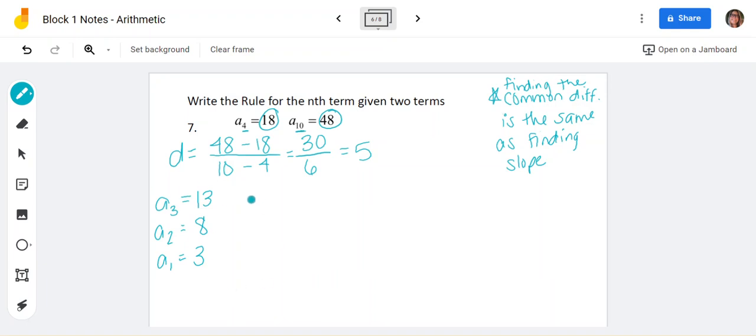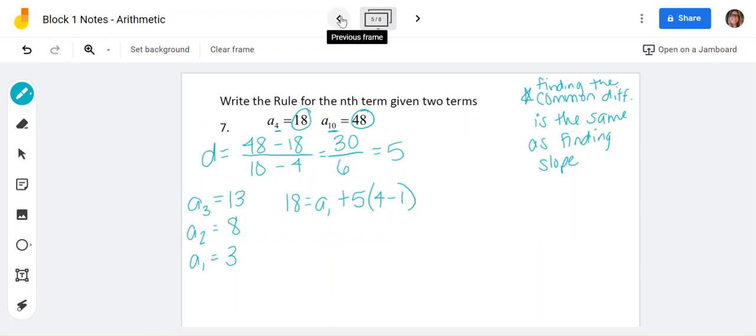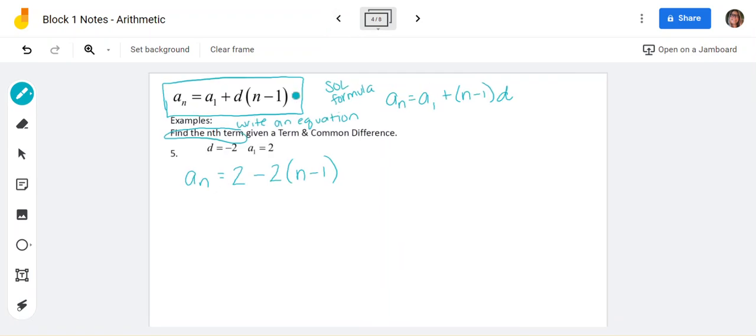Or you could say, let's just pick it, we can just use the first one. 18 was the 4th term. Don't know what a sub 1 is, but we know we went up by 5 and 4 terms minus 1. So I'm using the formula we had originally, just plugging everything in but a sub 1.